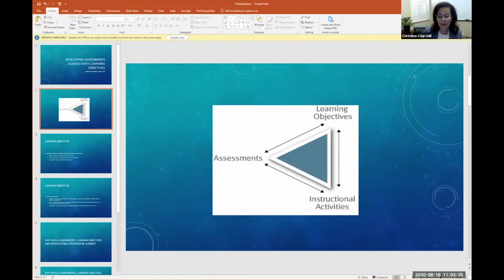That means any type of instructional activity, whether they watch a video or do a collaboration session where they're discussing certain things, whatever they're doing in class and even out of class in association with your course, should tie back to the learning objective.